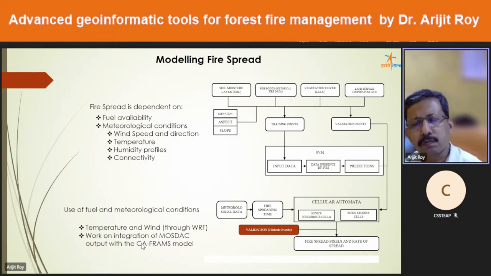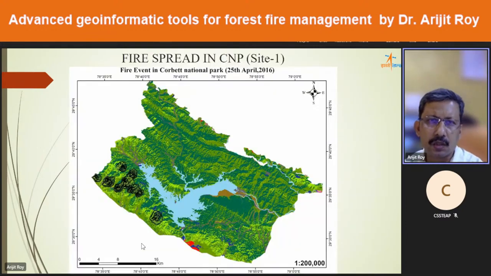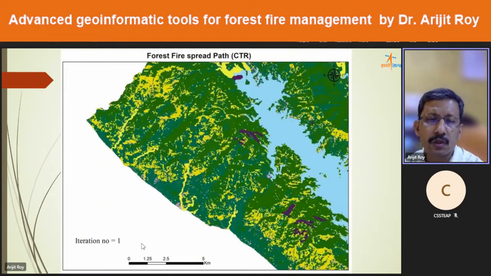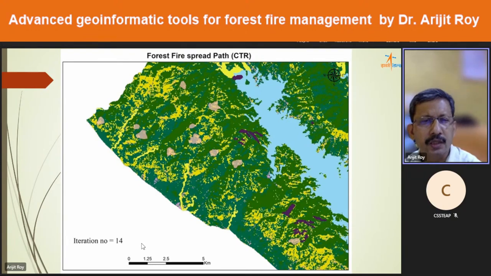So this is an experiment which we did in a part of Corbett National Park during 25th of April 2016. So I will just zoom on to that. Every iteration here is a time step of half an hour. So every half an hour, how the forest fire is spreading in that particular region is being simulated here.